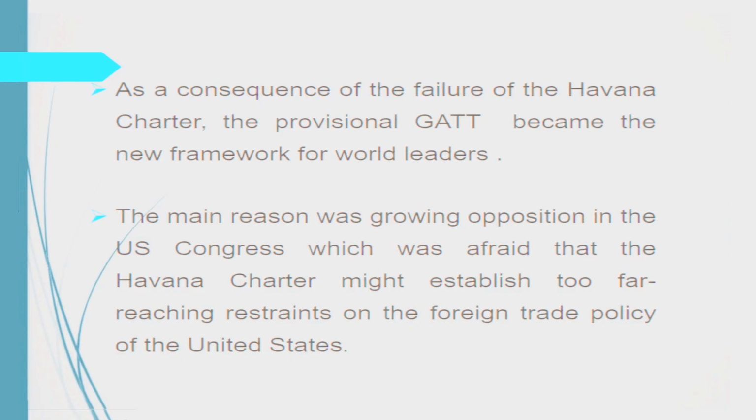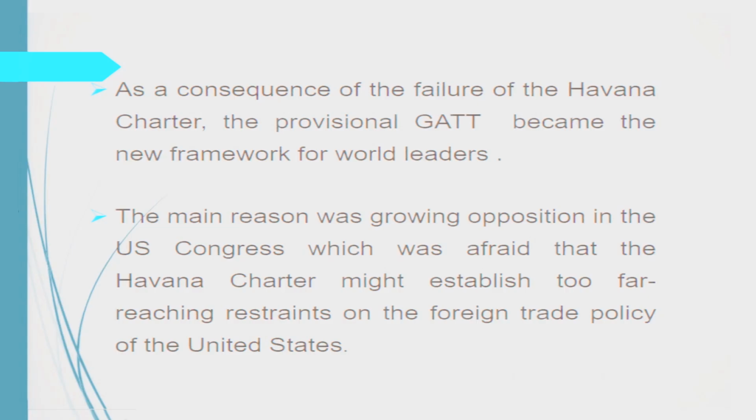But the people of those countries or the representatives of the people were not ready to accept it. So the Atlantic Conference and later on the Havana Charter could not succeed in this regard. As a consequence of the failure of the Havana Charter, the provisional GATT became the new framework for the world leaders.